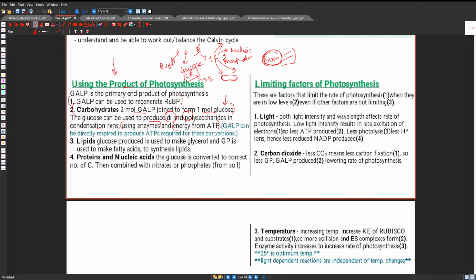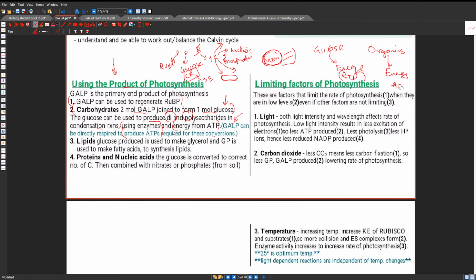GALP can be directly respired because we know that GALP is a sugar. It can be directly respired to produce the ATP required for these conversions. So that's another thing. GALP can be used to produce ATP as well. Because look, when we say that glucose is broken down to get energy, it's energy in the form of ATP, always.